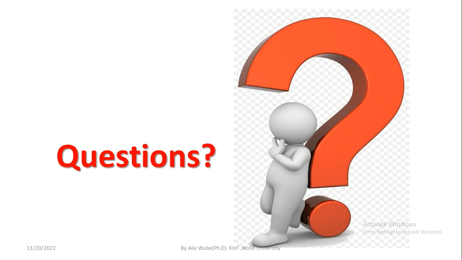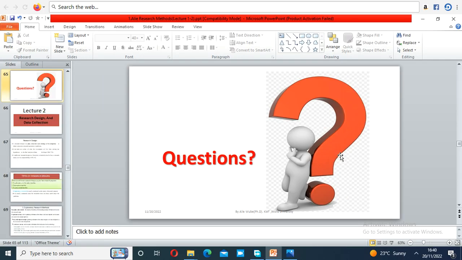This is for the concepts of research, and a good research also has its own characteristics. When we conduct research, we have an objective or an aim. These are some concepts of today's class.